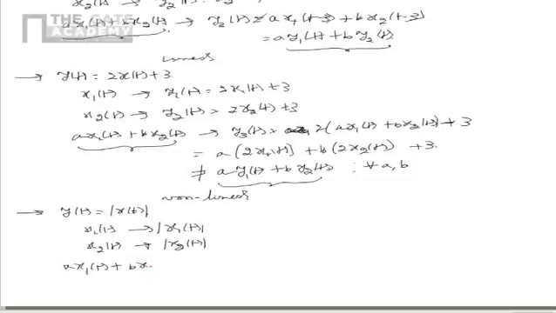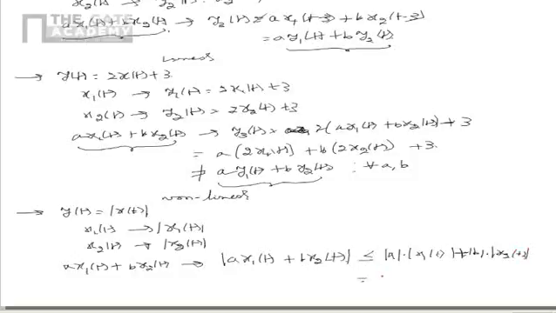For an input of a x1 of t plus b x2 of t, the output is mod of a x1 of t plus b x2 of t, which is less than or equal to mod a multiplied by mod x1t plus mod b multiplied by mod x2t.